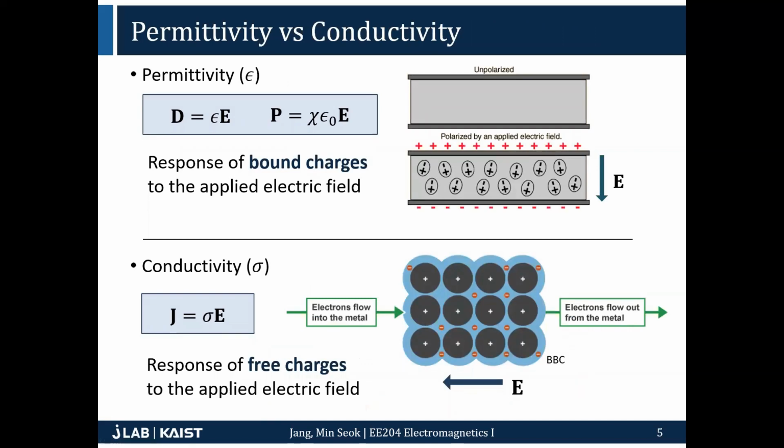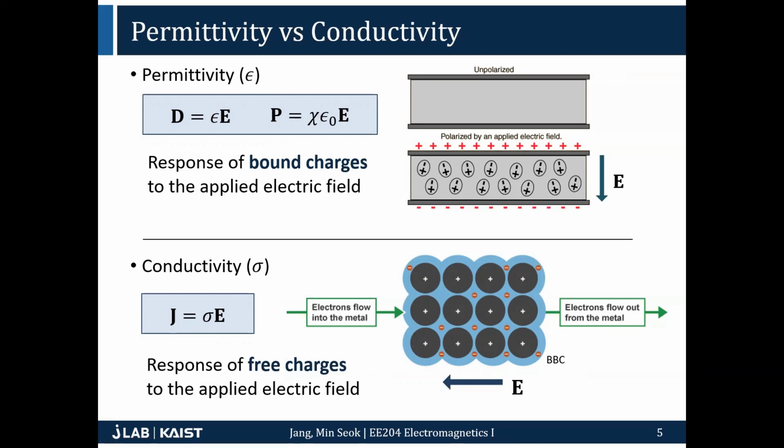At this point, I think it would be instructive to compare permittivity and conductivity. Permittivity, as I said, connects D and E. More fundamentally, it connects E and P, where P is polarization. Permittivity is nothing but 1 plus chi, right?